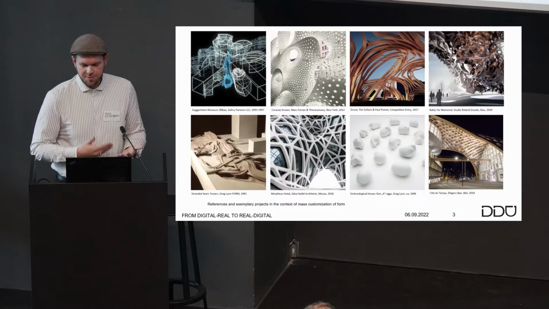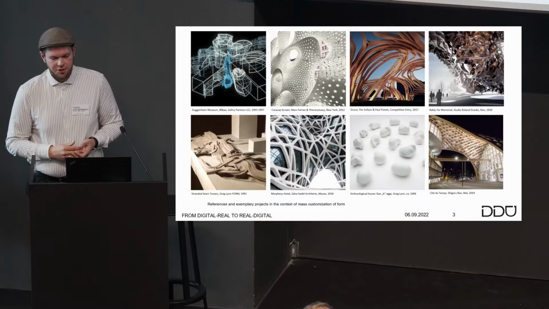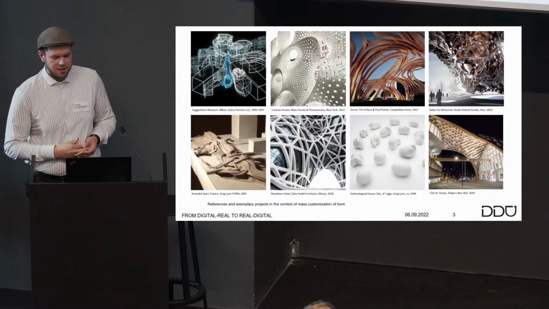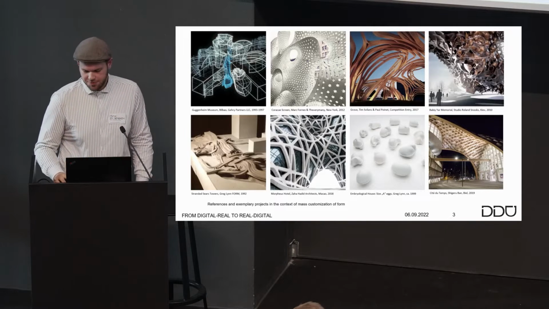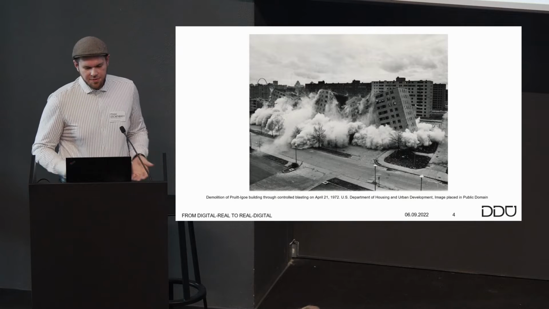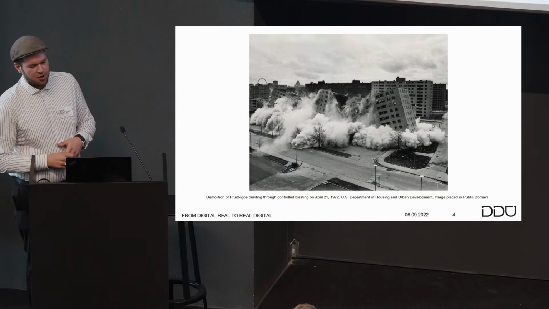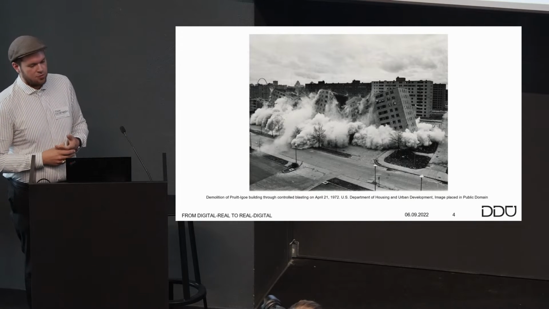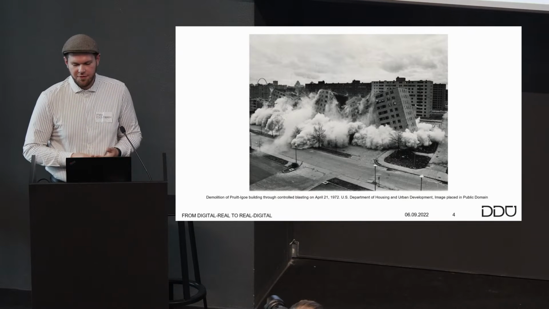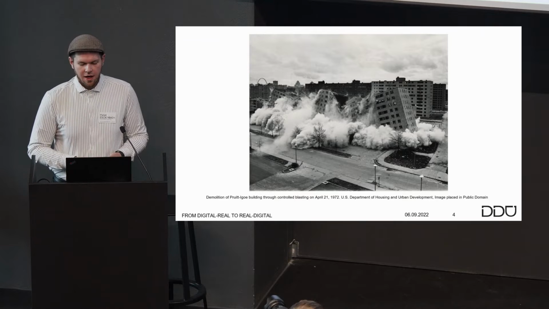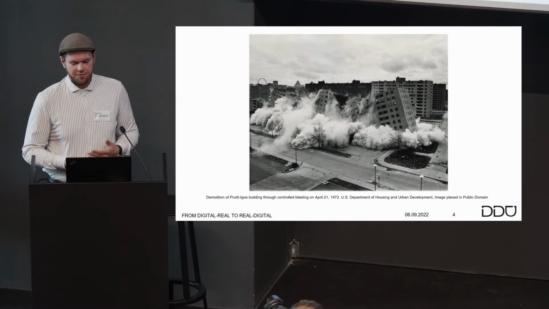And today, the possibilities, but also the problems and challenges for architecture and the whole AEC industry have shifted in the light of resource scarcity and climate change. This is an image of the controlled demolition of one of the Pruitt-Igoe buildings in St. Louis. And while this project often serves as a poster child for the failures of public housing, I want to direct your attention to a different kind of failure.